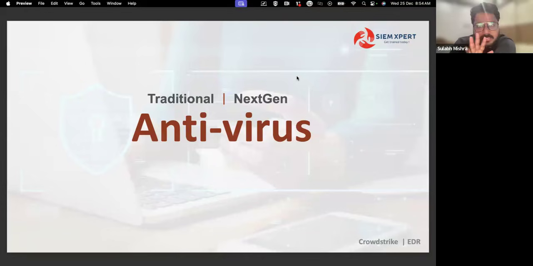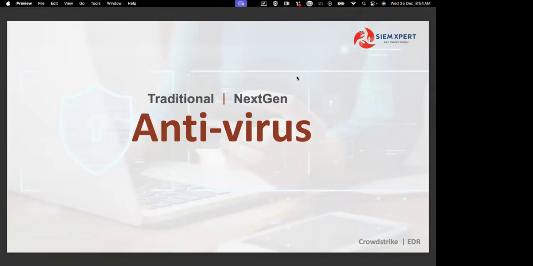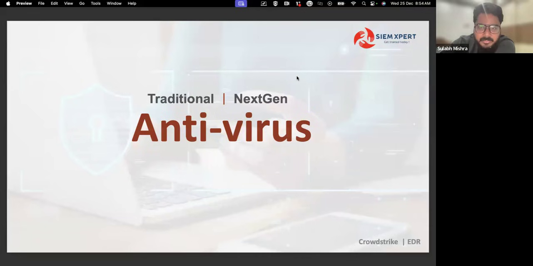Yes. These are the three drawbacks of traditional antivirus. Now let's see the next gen antivirus solutions for it. First, the detection system. They added some detection features like web protection and also behavior based detection. Those additional detections make it the next gen antivirus.